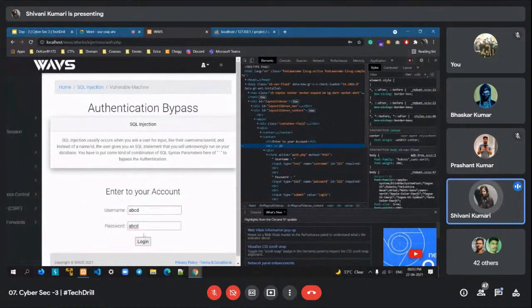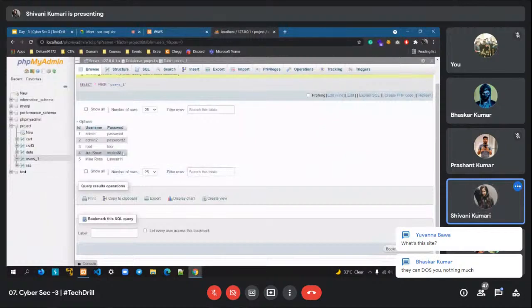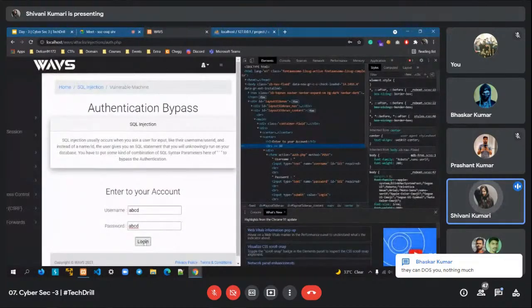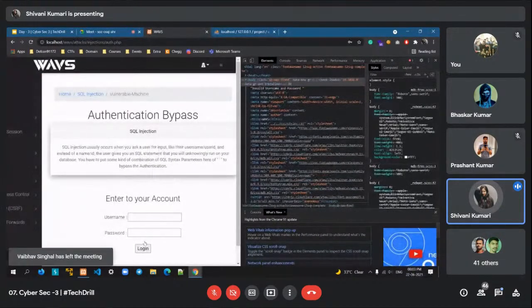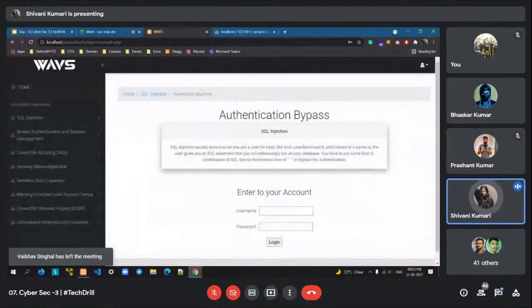You can see ABCD, ABCD, and this credential is not present in the database. Let me log in, and you can see I'm not able to log in.